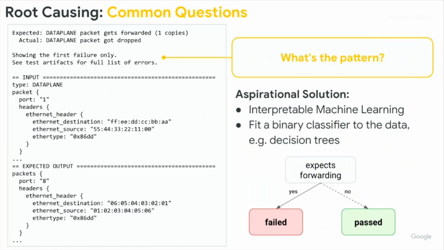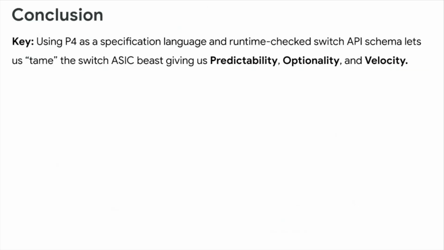And then we just create a decision tree based on this, right? So for example, this can immediately tell you that every test vector that expects forwarding failed. Where should I focus my debugging efforts? In the forwarding. Packets or ports are probably down or something, right? This gives you useful information.